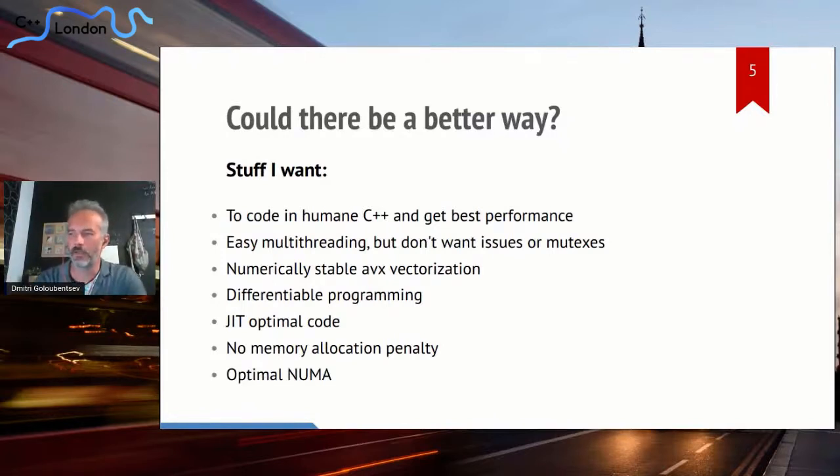NUMA. This is something I did not know about until a couple of years ago. Since CPUs are getting more and more cores, the manufacturers cannot really give you a uniform memory model where each CPU core can access each memory bank with the same latency and speed.